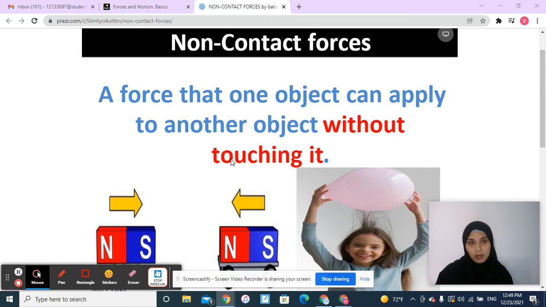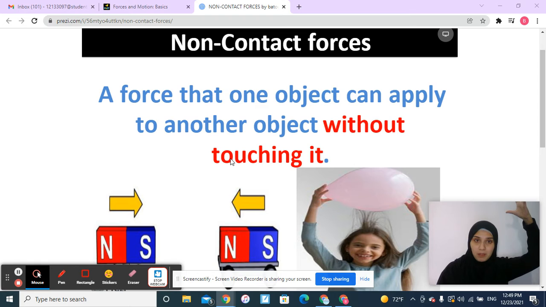Same thing, for example, the balloon. If you rub the balloon on your head, then electric charges will be transferred. When electric charges are transferred, the balloon will maybe have a positive charge, and your head a negative charge.